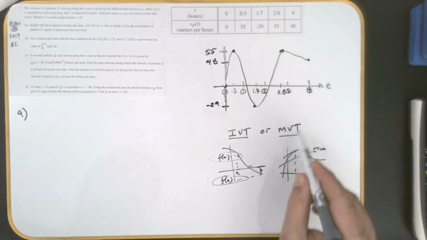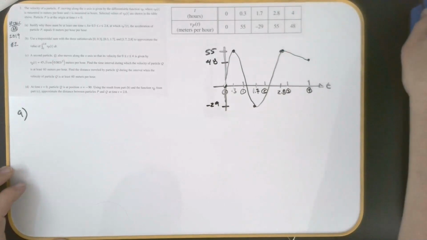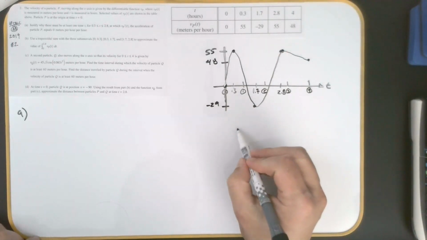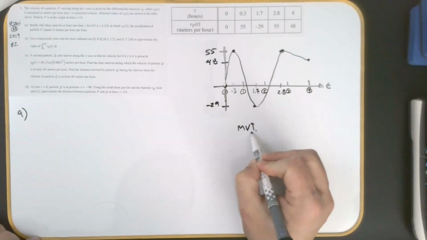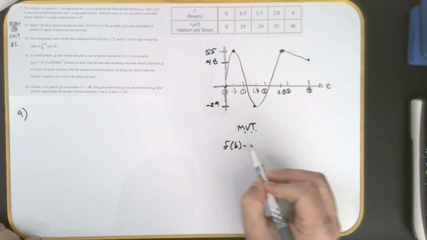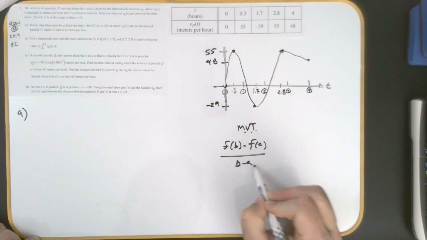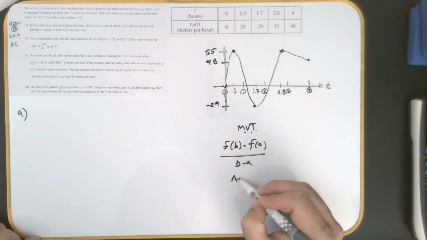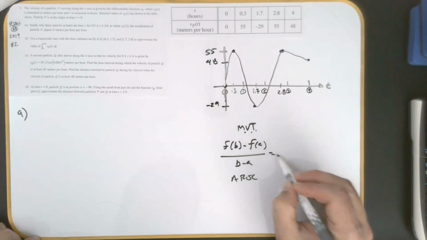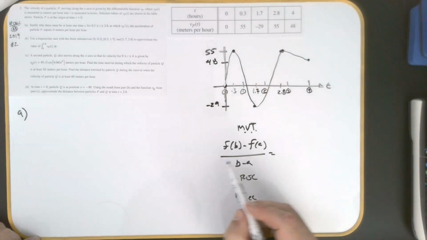So if it's mean value theorem, then I'm going to be doing a mean value theorem review, which says, if you have an interval, the slope of the secant, which is just algebra 1 slope, all three of these things are the same here, okay?